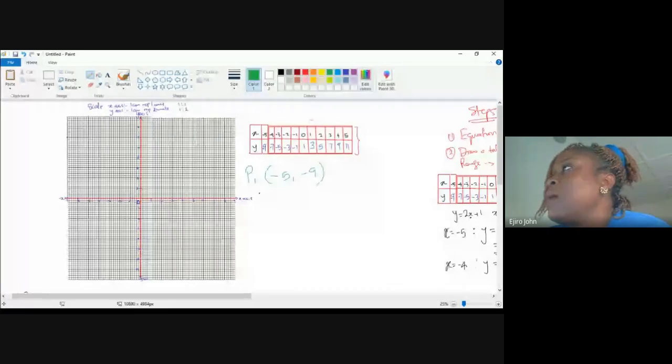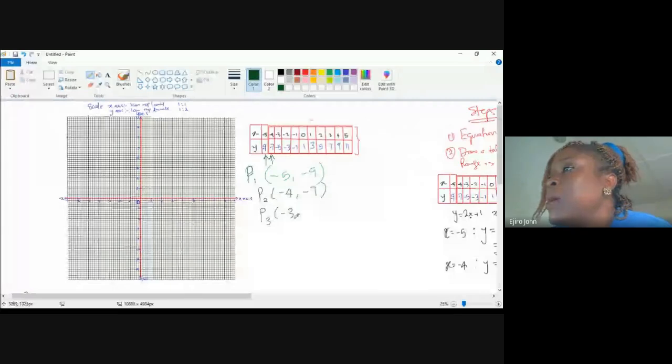That is point 1. Can you see my marker well? -4 and -7. I'm getting these values from the table that we have derived.